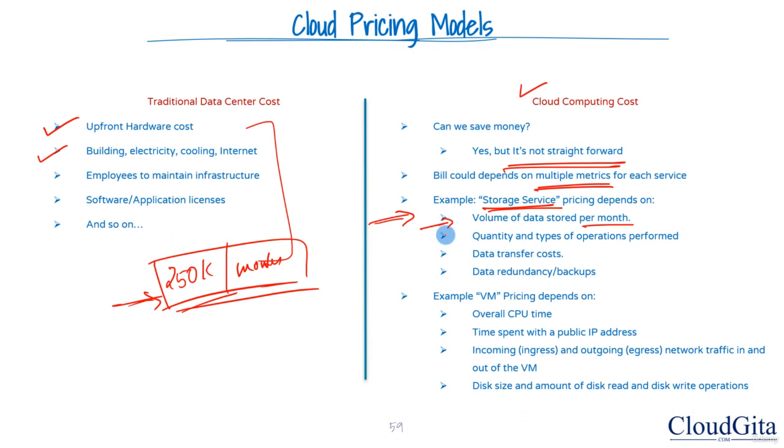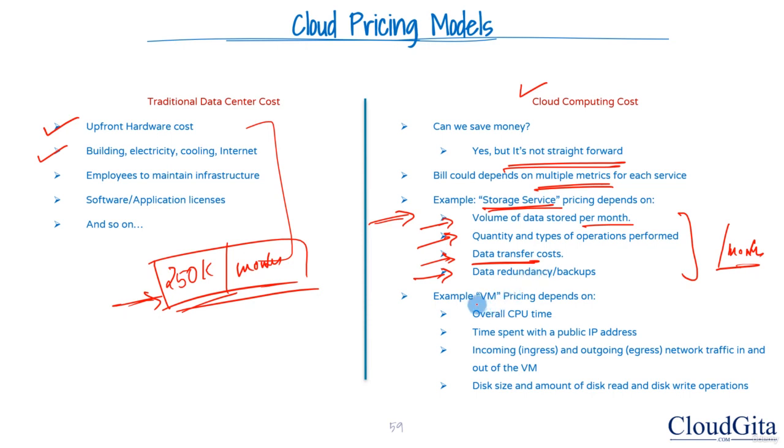You have to think about what kind of operations you are going to have, how many read operations, how many write operations, and during these operations, how much data you are transferring, and how many backups you have for your data. After calculating all this, you can get your per month cost. And of course, all these things can vary every month.